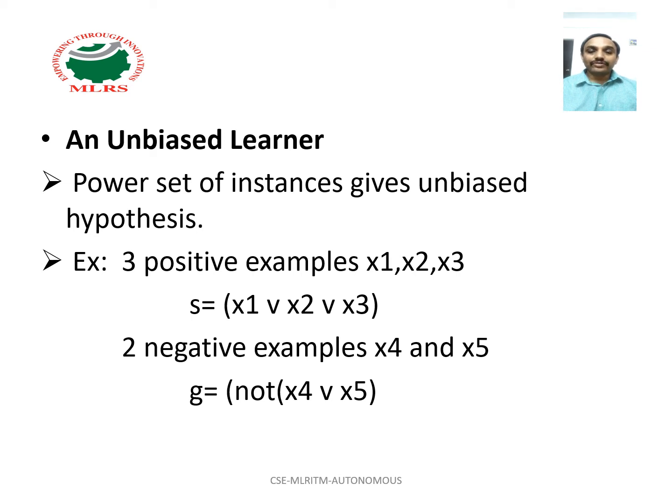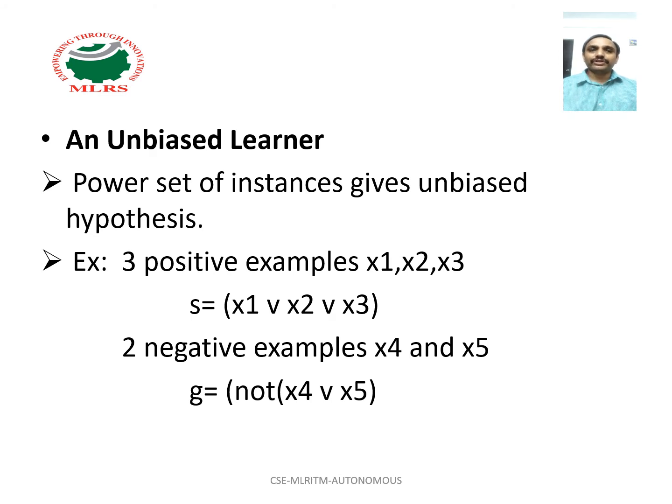How do we take the power set of those instances? That is 2 to the power of 96. By considering this many instances, we can get the unbiased hypothesis. To represent that one, we take the disjunction of positive examples and the negation of the disjunction of negative examples.